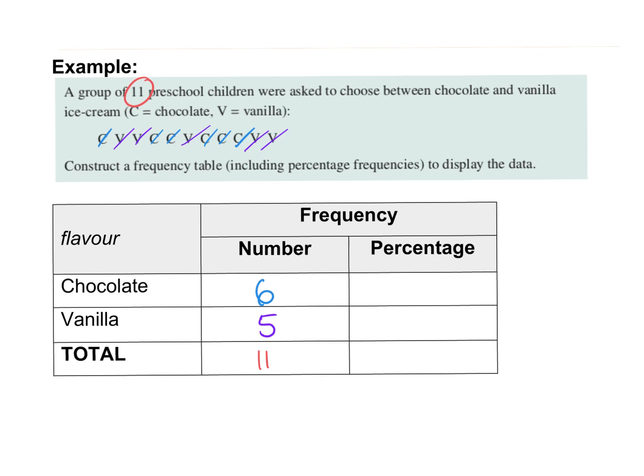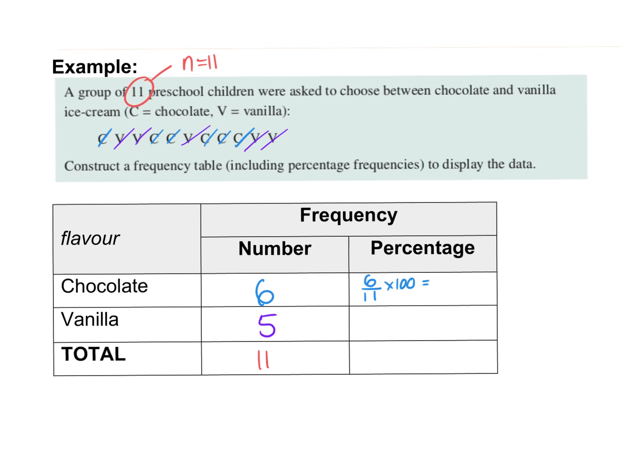So when we talked about N being the total number of data, in this example, N equaled 11. So when we're calculating the percentage for this, we're going to do the amount it was out of the total, times 100. I'm just showing you how to work it out there.